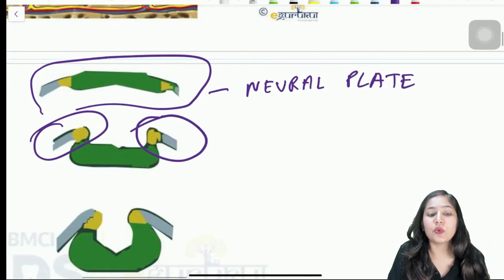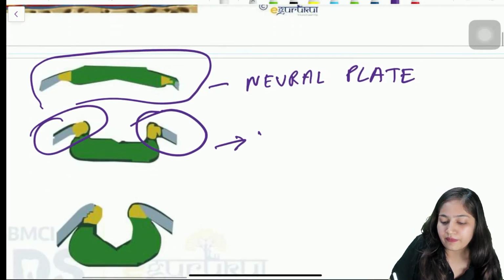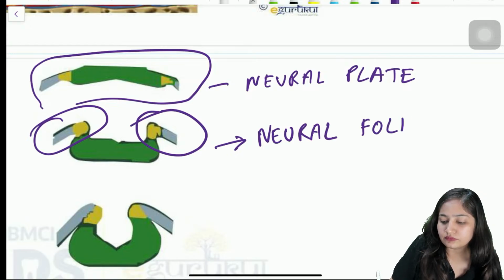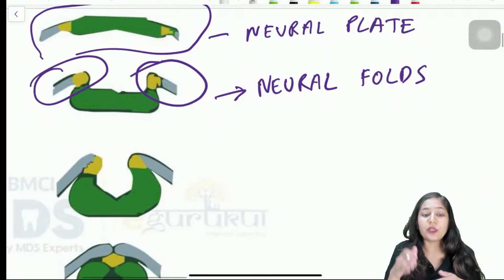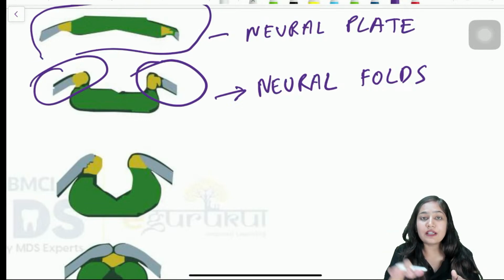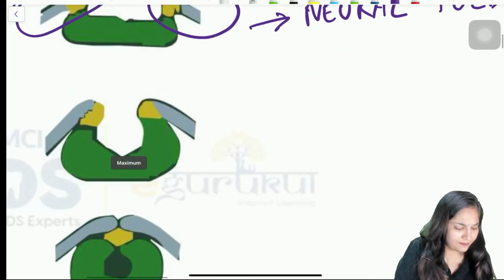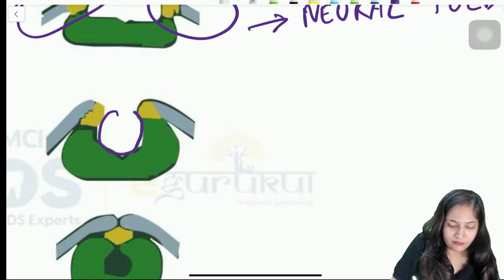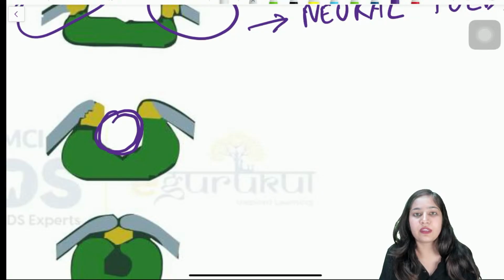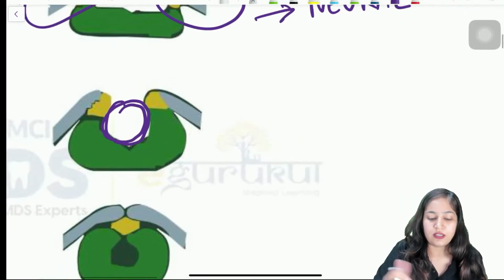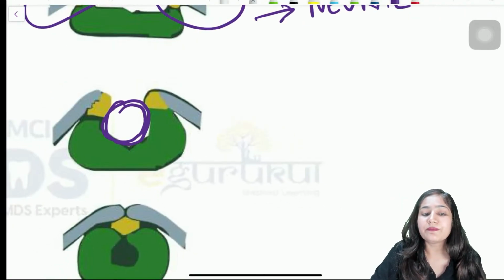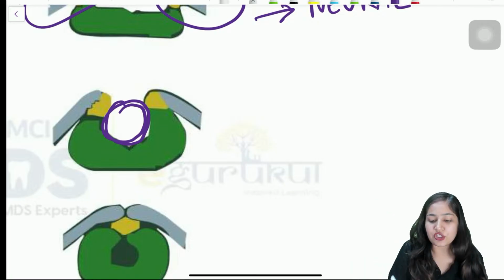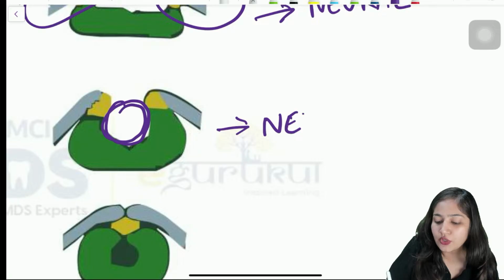These are neural folds. In between these folds, we have a depression. In this diagram, can you see the depression? What is this depression? Neural groove. This midline depression is our neural groove.